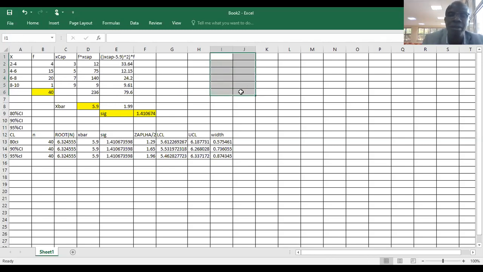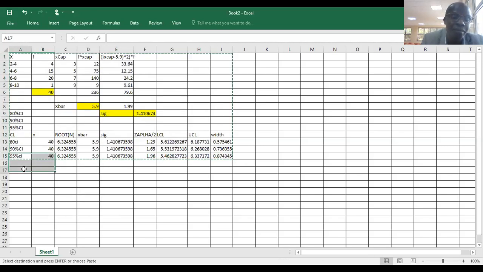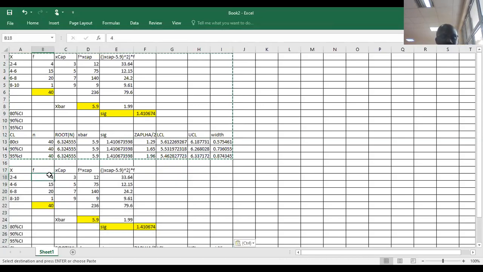Change this. And I come here, just copy all this data set. Then we change these things. What was the frequency for the small one? 4.